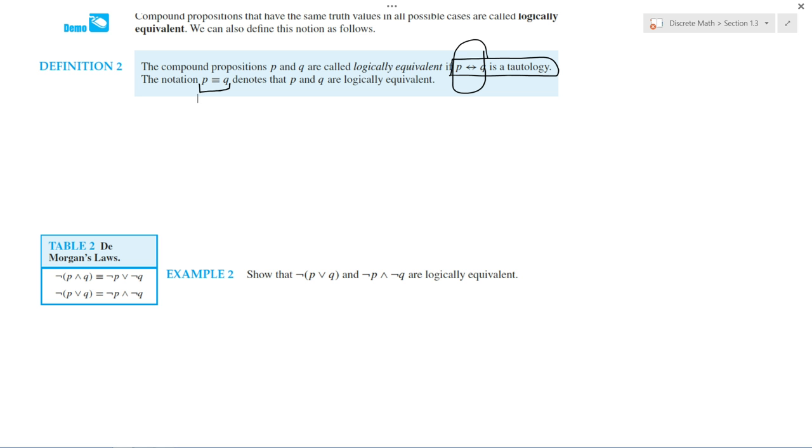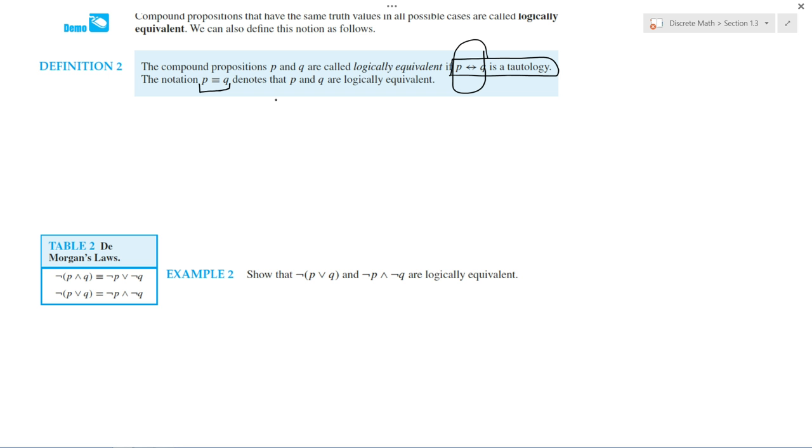And of course you can always use this definition to determine whether two compound statements are logically equivalent or not.